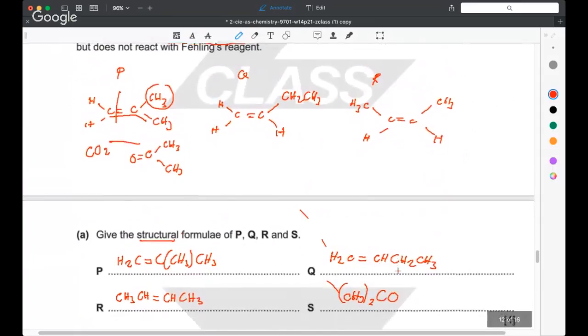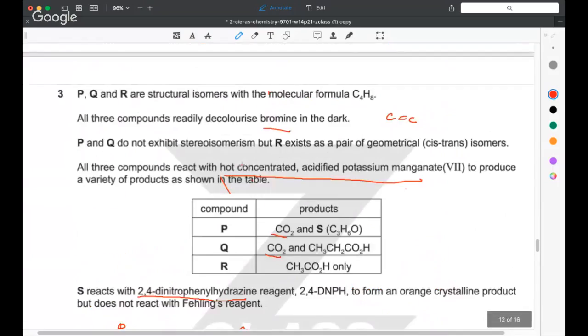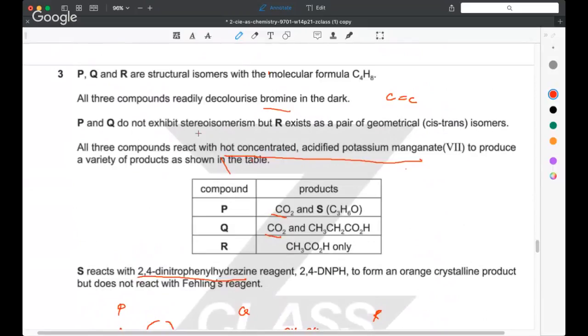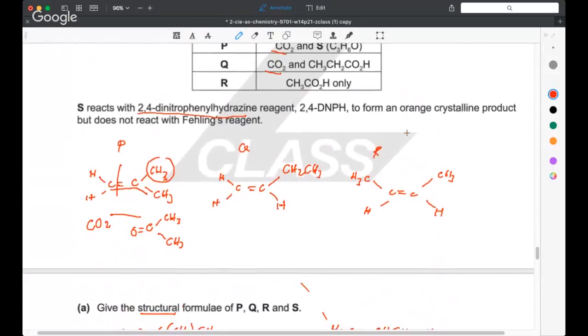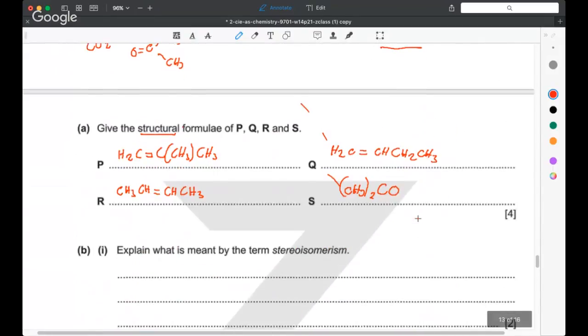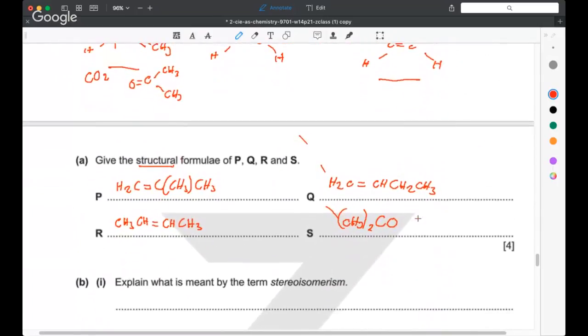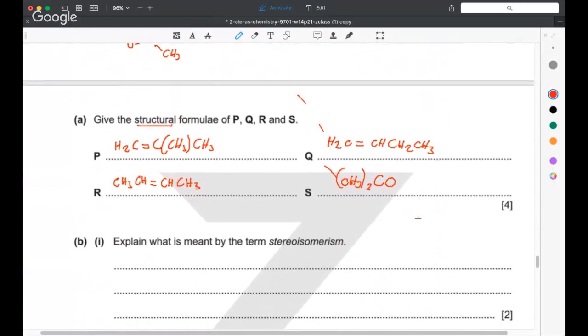Okay, so we had to think about stereoisomerism and geometrical isomers already. So we've been thinking about that, haven't we? And this one here is the one that can exhibit geometric isomers. And we have to explain this parent term, stereoisomerism.